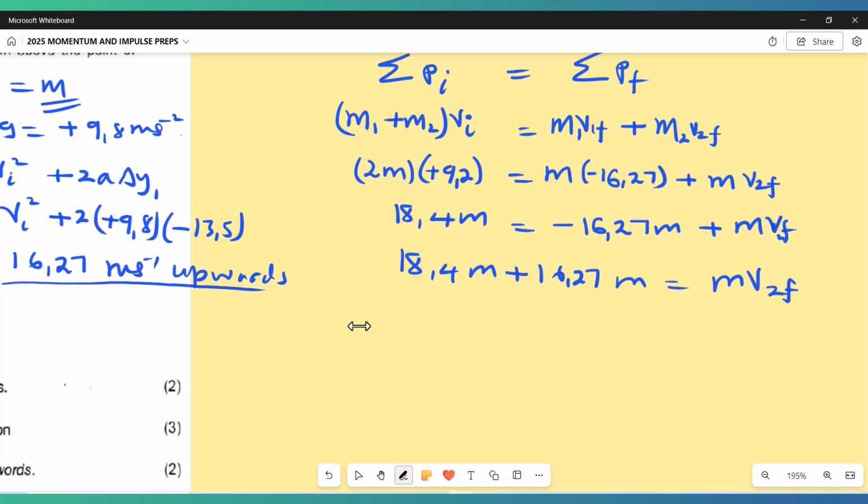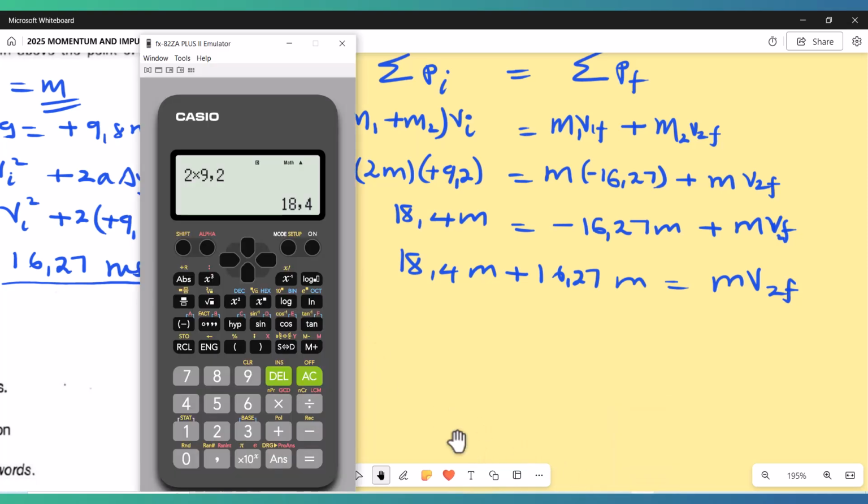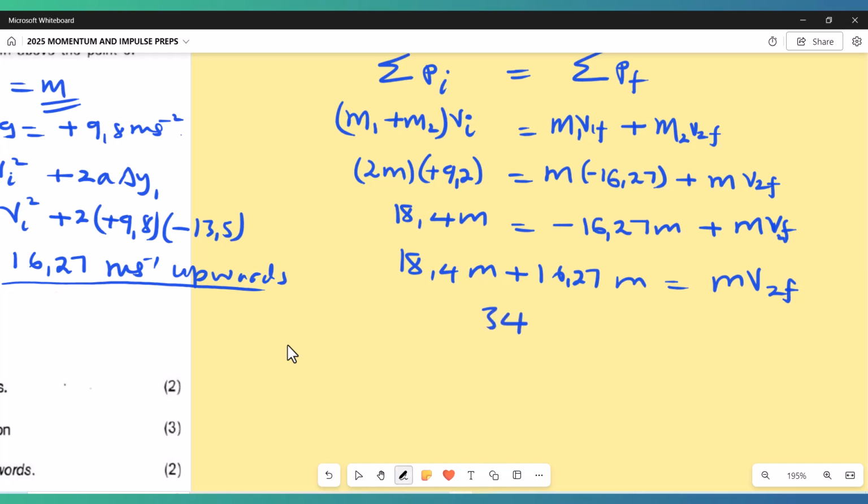What's 18.4 plus 16.27? It gives us 34.67. So 34.67 m equals m v2.